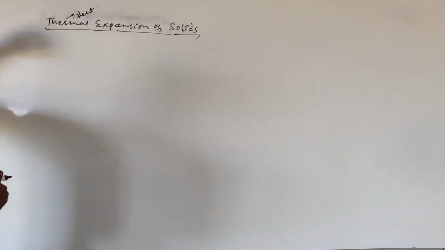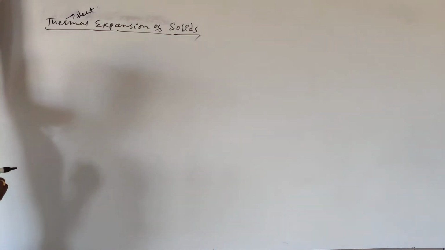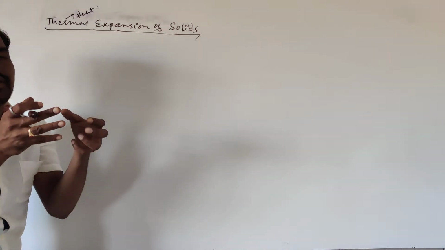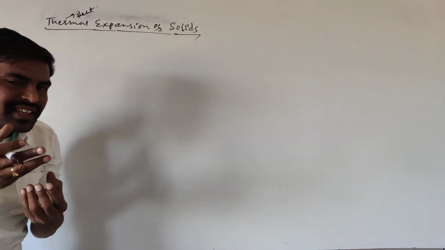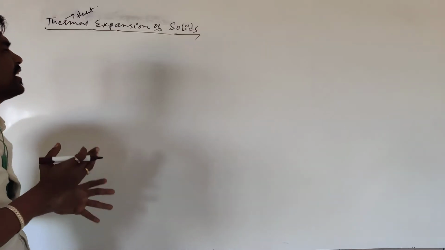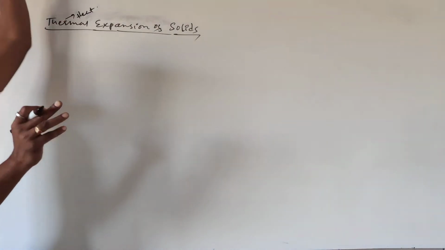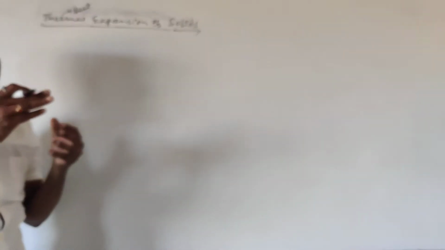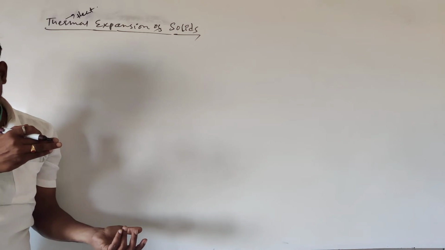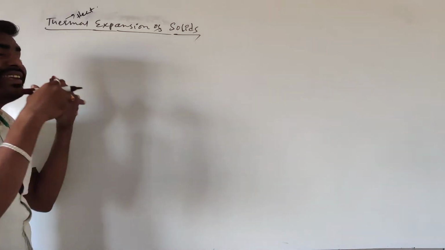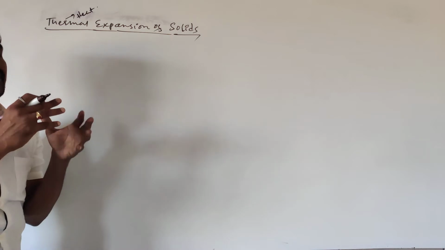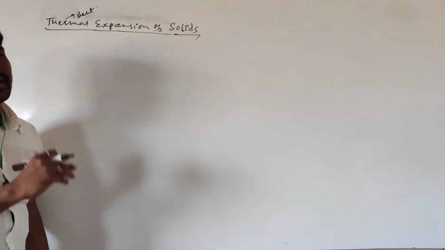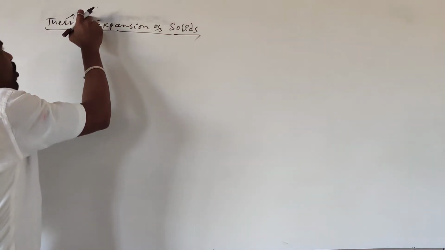When we give heat, the temperature of that body increases. In the different types of bodies, whenever we give heat, the size also increases. That type of expansion is called heat expansion.